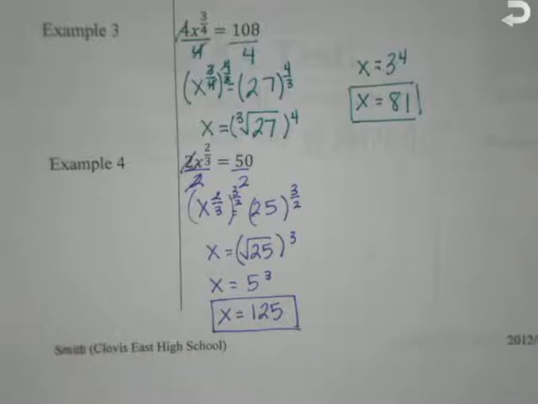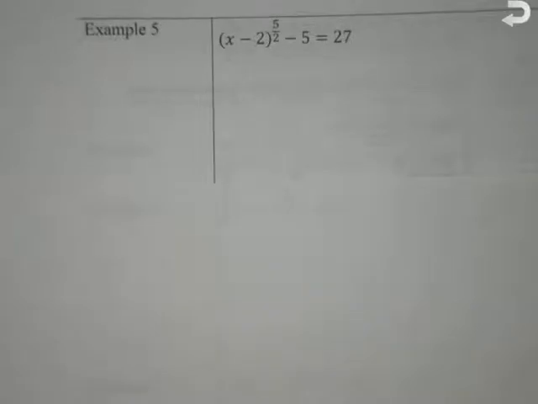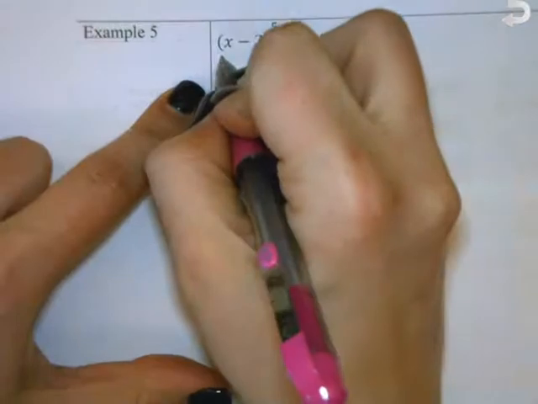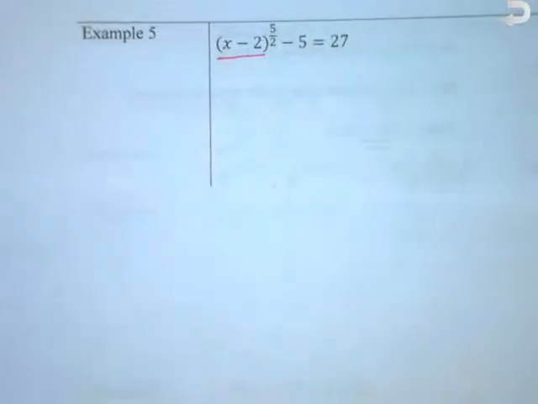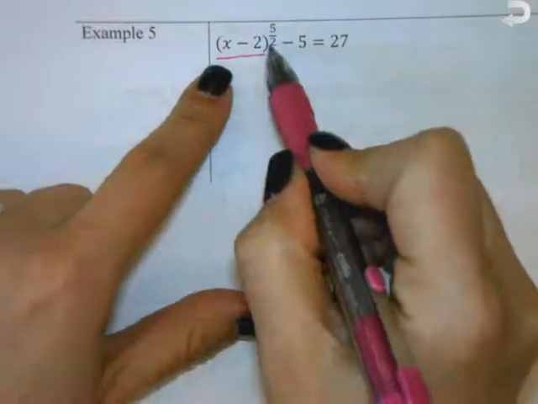All right, example 5. (x minus 2) to the 5/2 power minus 5 equals 27. So in this case, there's 2 things that are different. The most obvious thing is that we have an entire quantity being raised to a power. So that entire thing, x minus 2, is what we call the exponent term, okay?